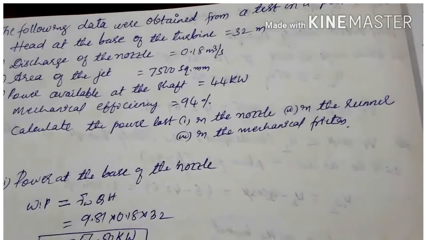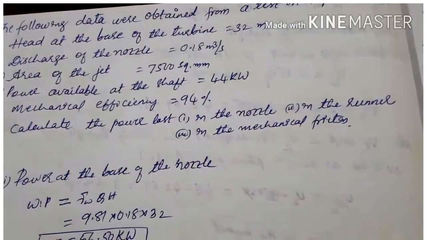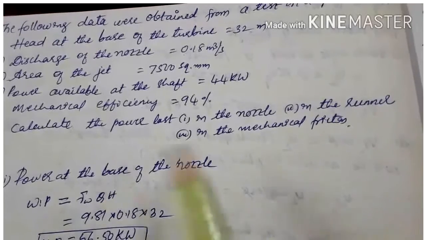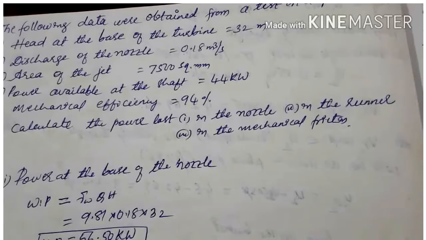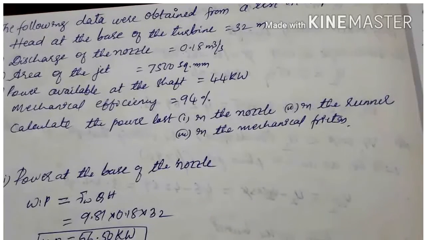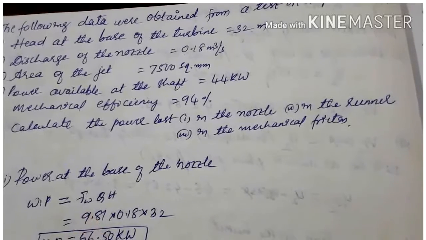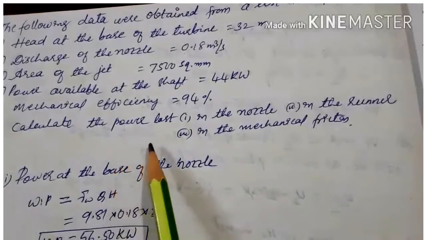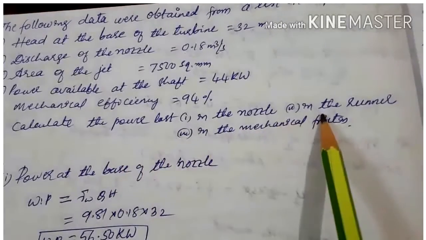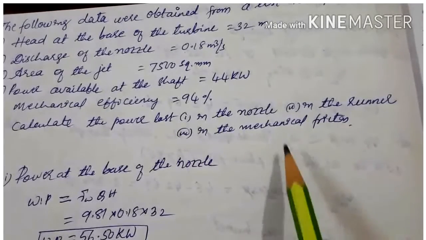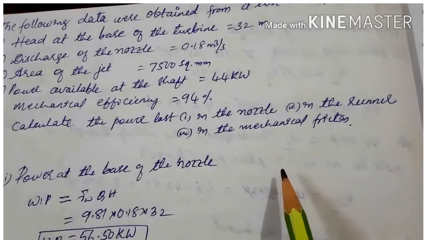Okay, so this problem is a bit different from the previous one. Here, when the turbine is developing power, they are asking to calculate the power lost in the nozzle, runner and the mechanical friction, that is in the shaft.